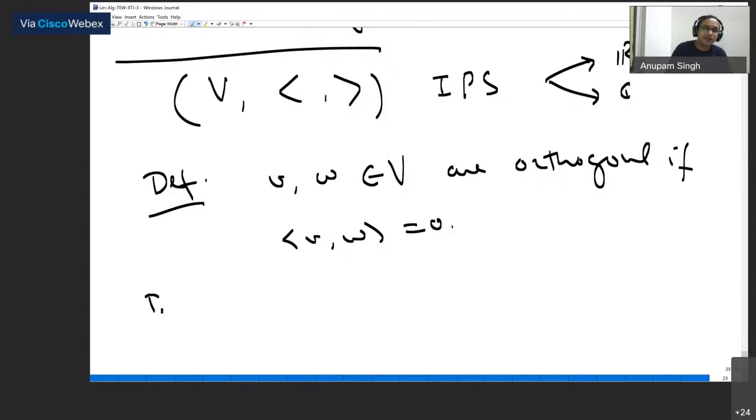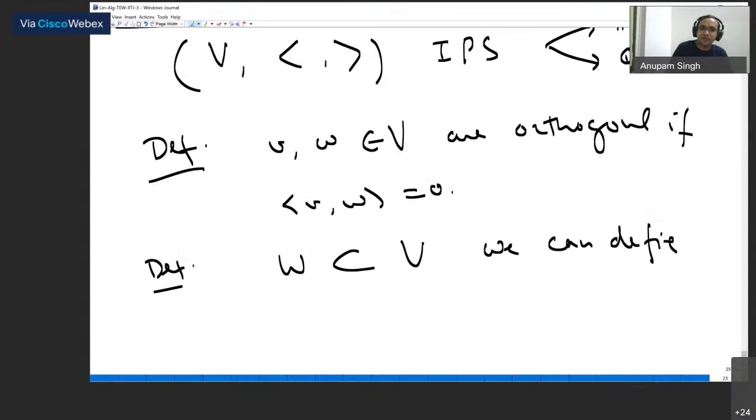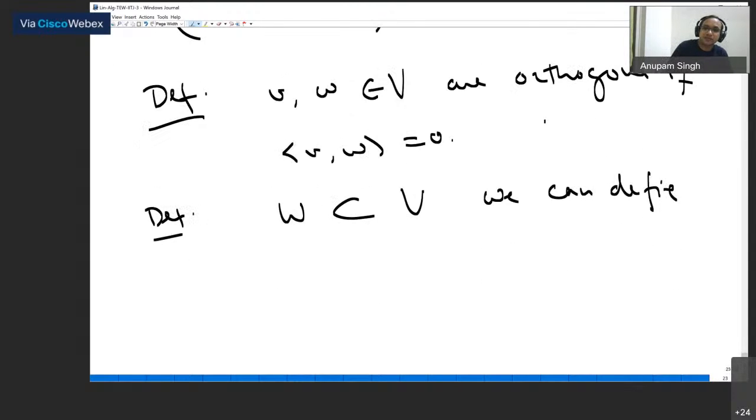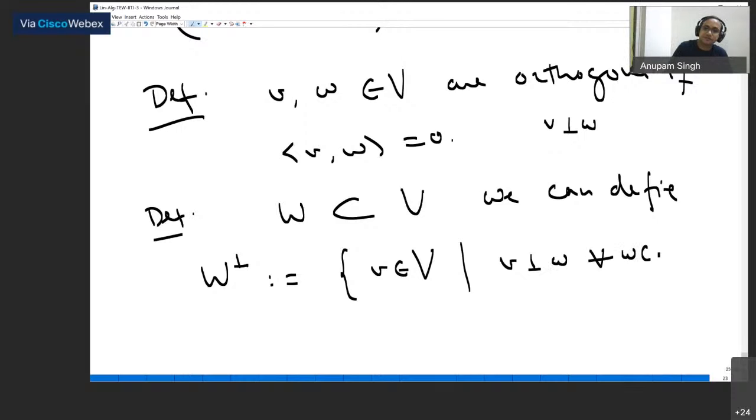And similarly, if I have W a subspace of V, we can define the perpendicular of W. Sometimes, as notation, we simply use V perpendicular to W. This kind of notation is used, so we can use it. The perpendicular of W can be defined as the set of all those vectors V in V which are perpendicular to every element of W, for all W in W, right?